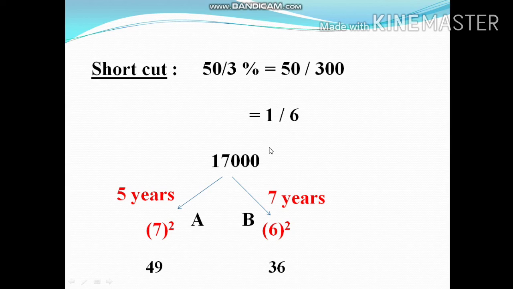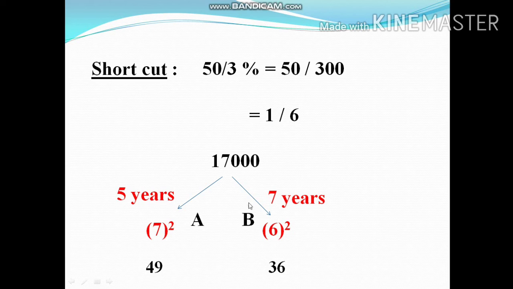So this 17,000 rupees is divided between A and B. Here A is giving the principal for 5 years, so A is giving for lesser years. He will be receiving the higher principal. So I am giving here 7 for A and 6 for B.